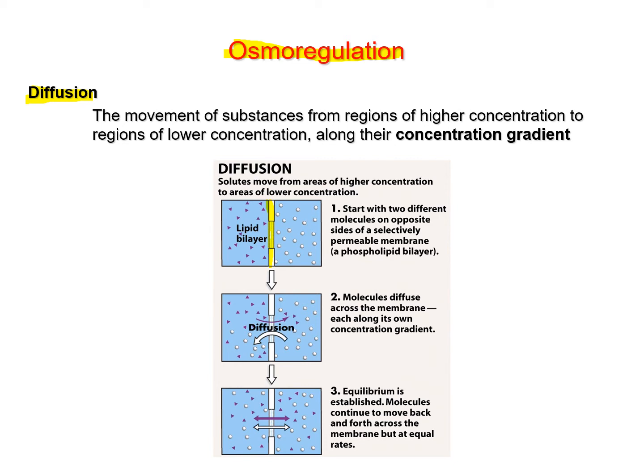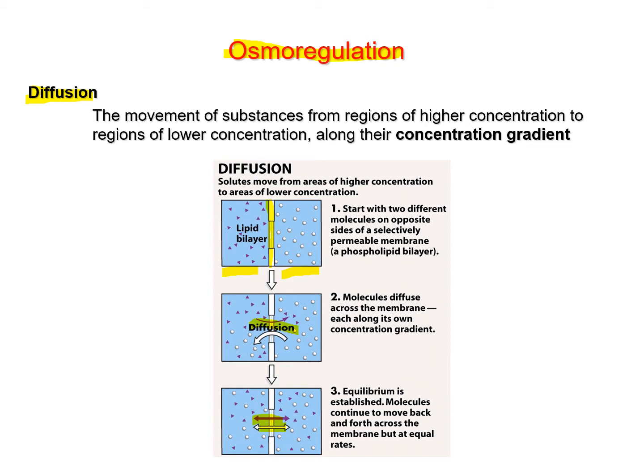Here you have 2 different solutes on either side of a semi-permeable membrane. As long as the molecules can diffuse across that semi-permeable membrane, they will establish an equilibrium in concentrations as shown at the bottom here.